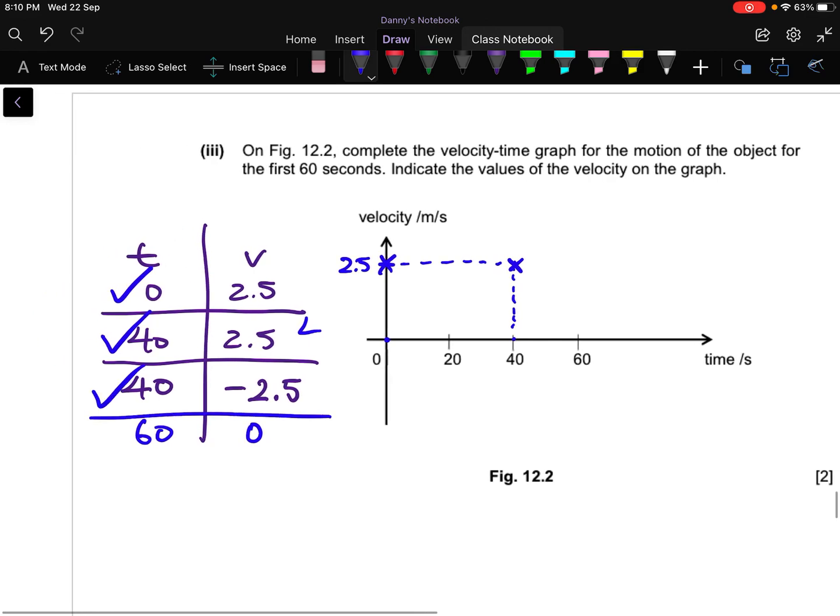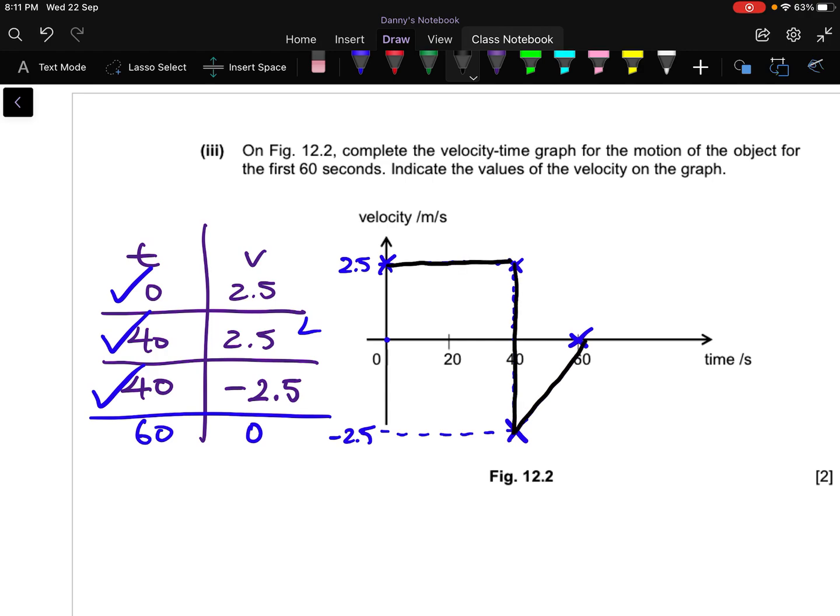Done. Then after that, it changed direction. 40, minus 2.5, 60, 0, right? So I have this. So very easy to draw. Just link them up. Done already? Yeah, finish. Just like that.